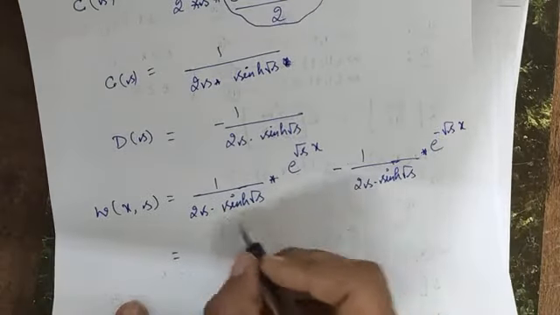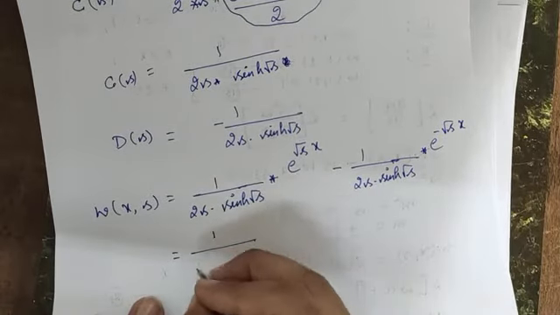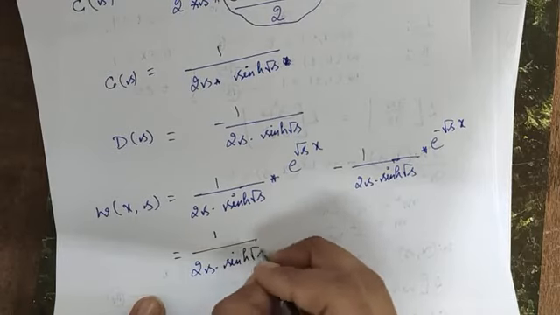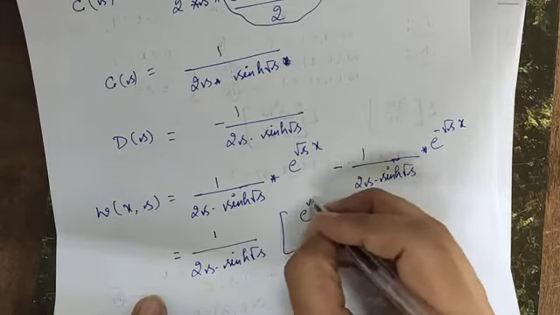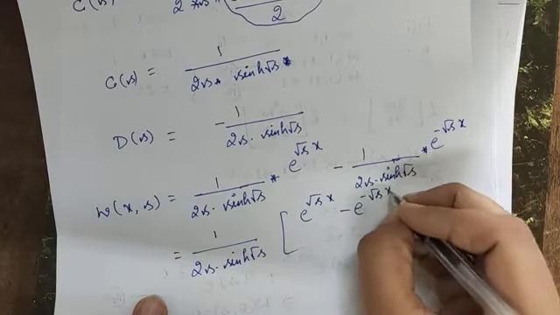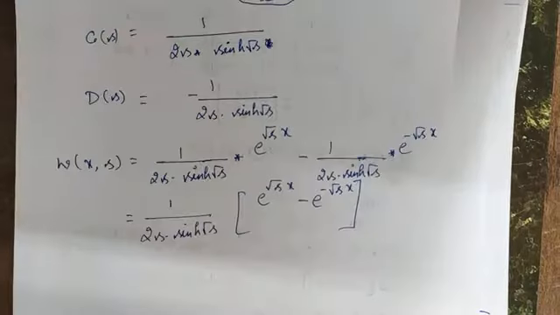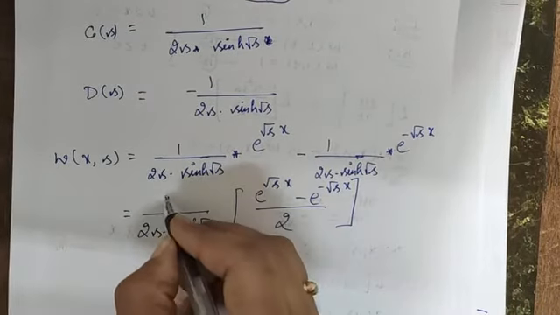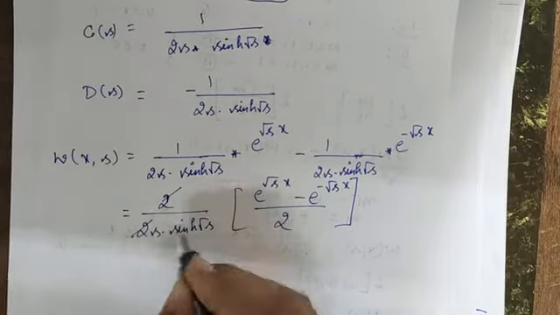So I can take out common terms outside: 1 over 2s into sine hyperbolic root s into e power root s x minus e power minus root s x. Now I will multiply and divide by 2. So this 2 and this 2 get cancelled.